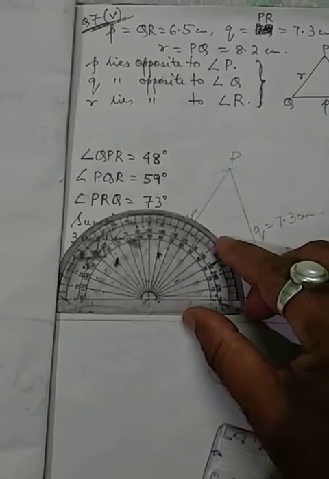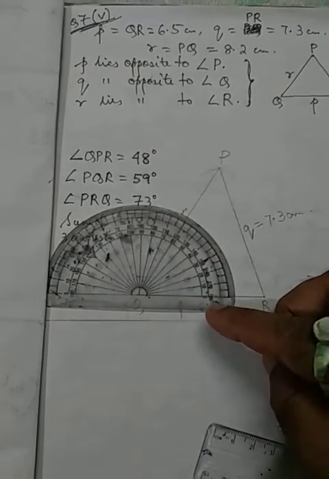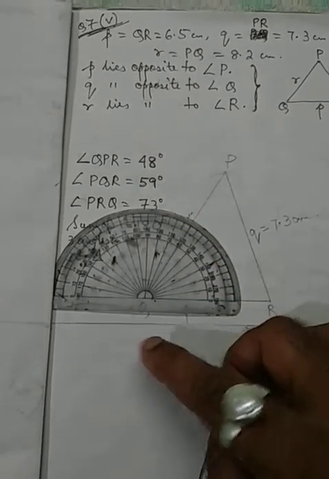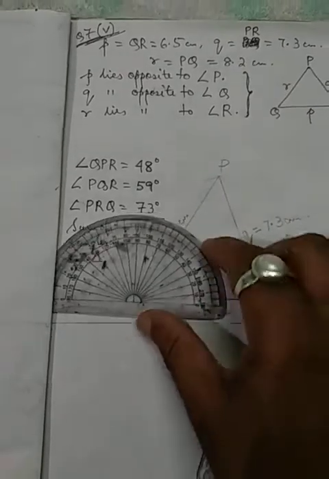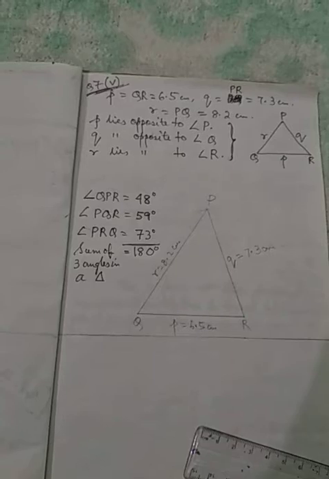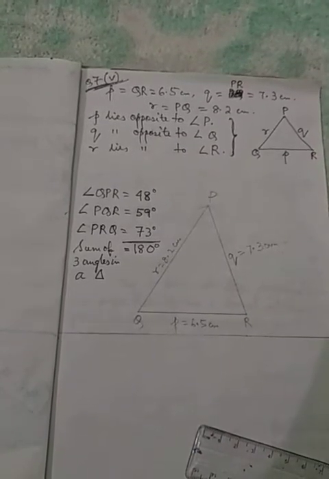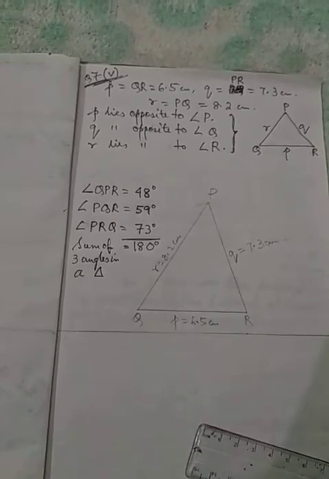When you are putting the protractor over here, the angle will be measured anti-clockwise, and you will have to read the lower inner value. If you look at the protractor, from the right side you will find 0, 10, 20, 30, and beyond that 160, 170, 180.